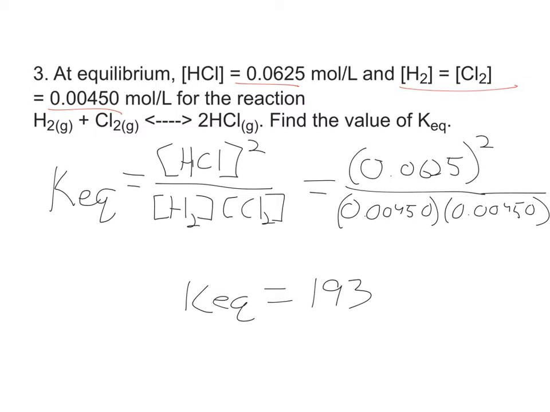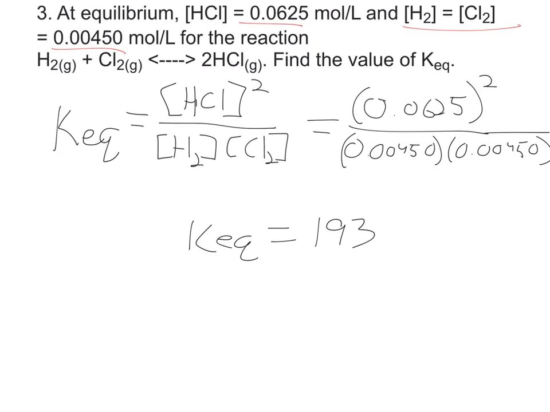Big number. So think about this. If the concentrations in products and reactants had been completely equal, we would expect an equilibrium constant close to 1. Top and bottom would be mostly equal. This is a very big equilibrium constant. So that means the forward reaction that creates the products is much faster than the reverse reaction.